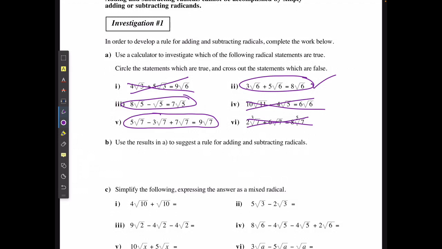So, looking at what we have up on the top, what was the commonality for all the ones we actually could do?